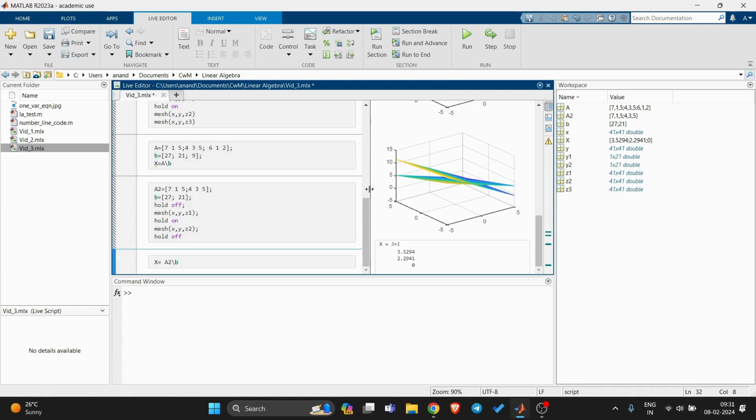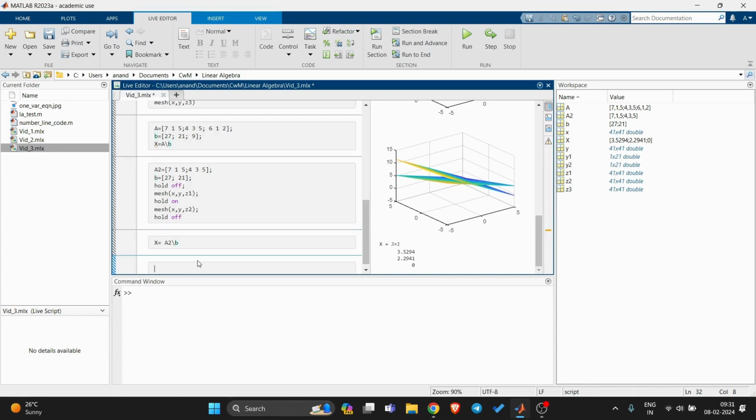Then we have the overdetermined system. An overdetermined system has more equations than unknowns, and the matrix A has more rows than columns. Overdetermined systems generally have no solution. In this case, the backslash operator finds the best vector using least squares, which minimizes the squares of error in all equations.